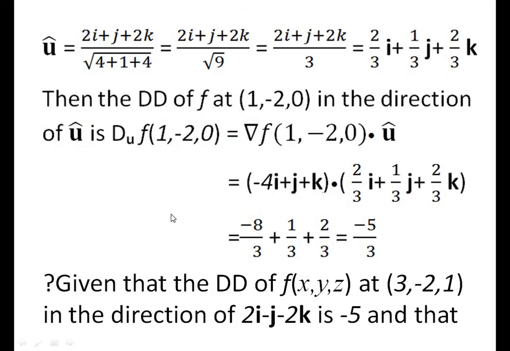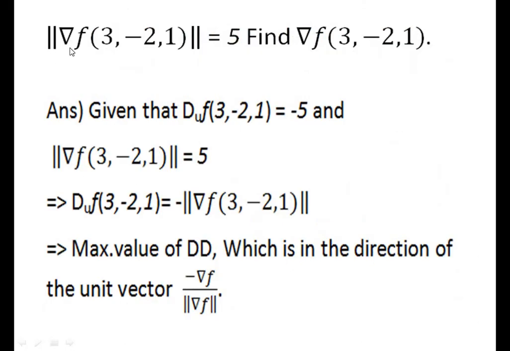We are given the directional derivative of the function is minus 5 at that point in the direction of the vector 2i minus j minus 2k. Also, we are given an additional condition, norm del f at the point equals 5. We want to find del f, that is, the gradient of this function.